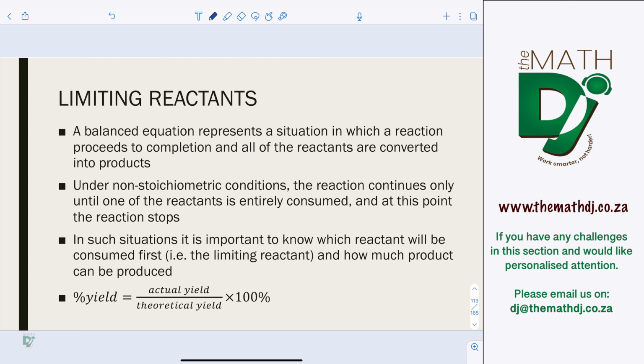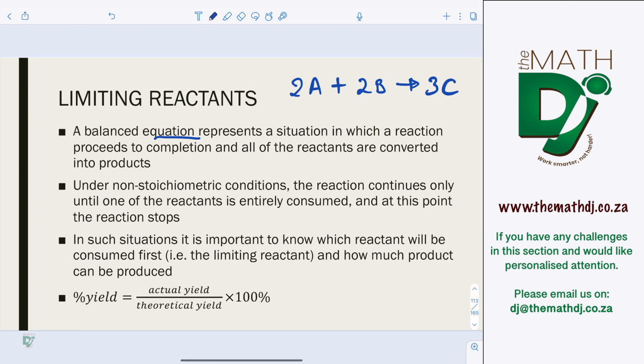So, limiting reactants. A balanced equation represents a situation in which a reaction proceeds to completion and all the reactants are converted into compounds. For example, let's use the example A plus 2B is equal to 3C.